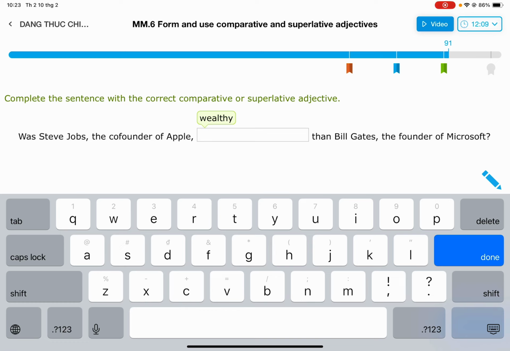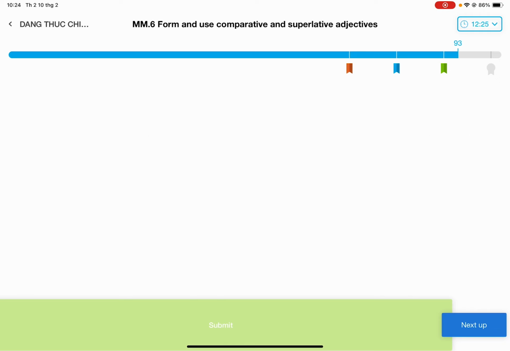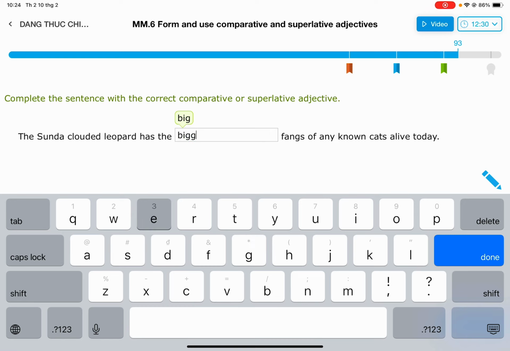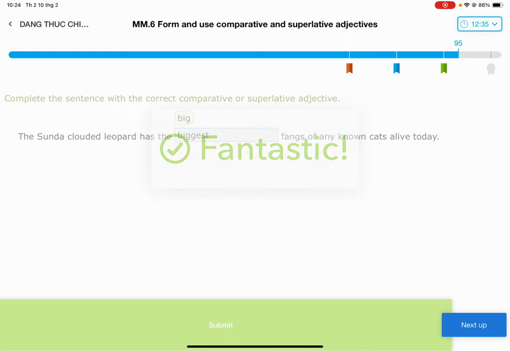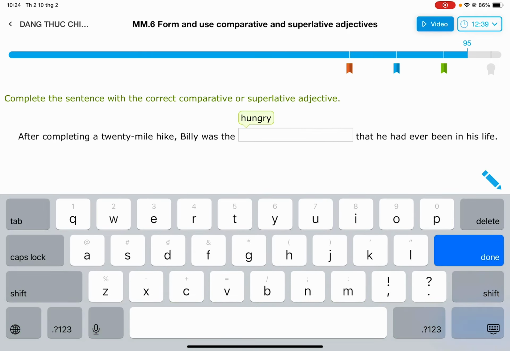Was Steve Jobs, the co-founder of Apple, wealthier? Has the biggest... any known cat alive today. Billy was the hungriest.